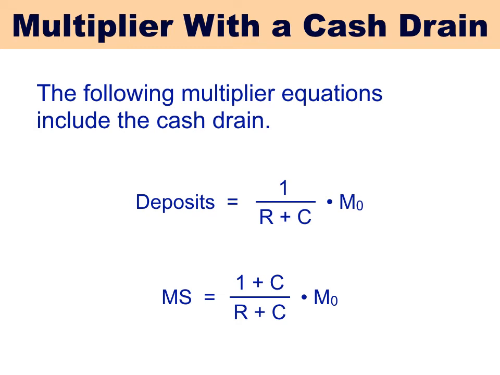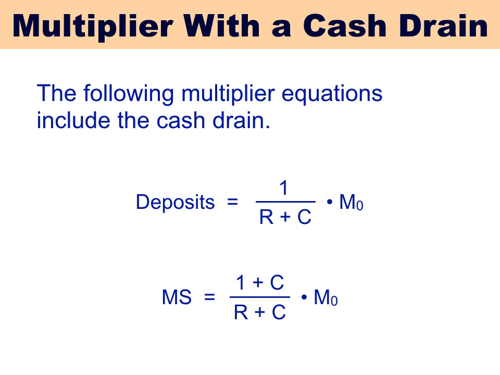And when we look at these two equations, we see that deposits is equal to 1 over R multiplied by M naught if there is no currency or cash drain. Again, I just told you how C becomes 0.